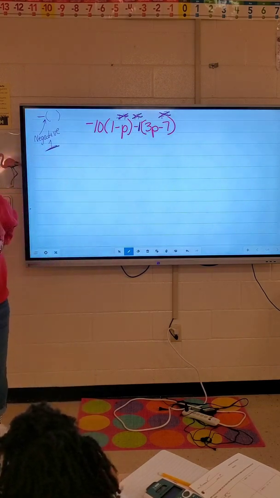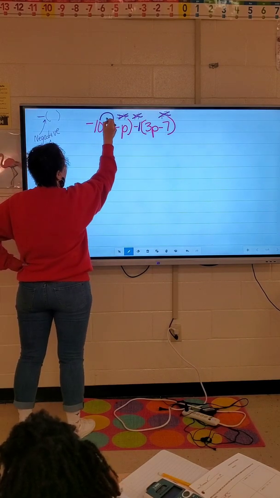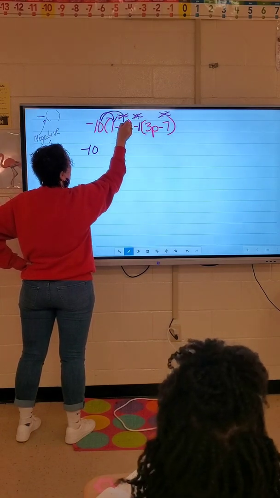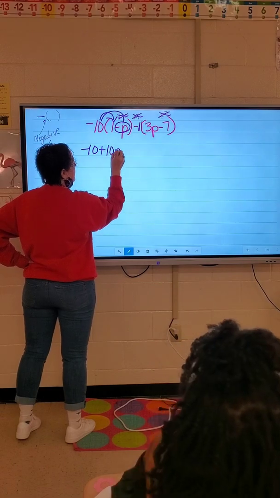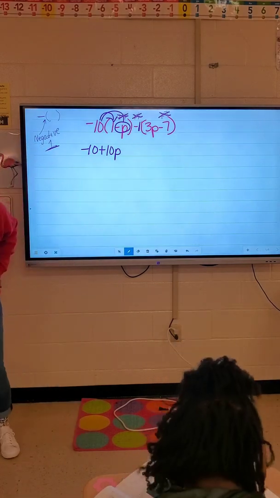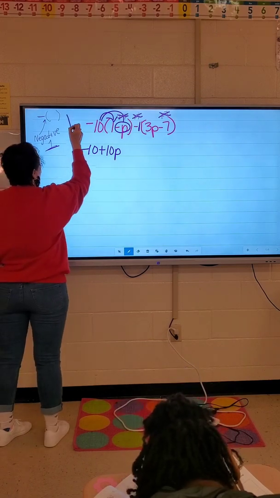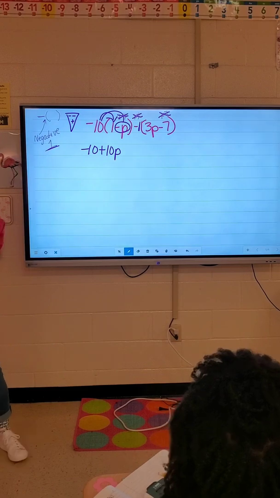We can now distribute. Okay? So negative 10 times 1 is a negative 10. Negative 10 times a minus P is plus 10P, because a negative times a negative is a positive. When you're doing the distributive property, don't forget about Dorito Man.